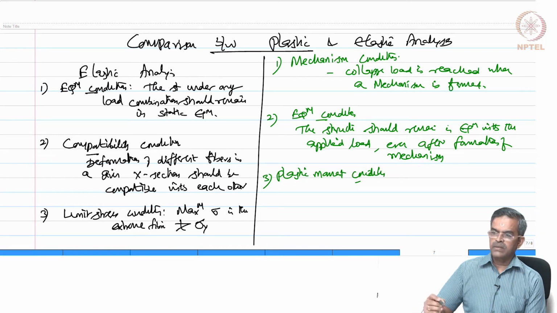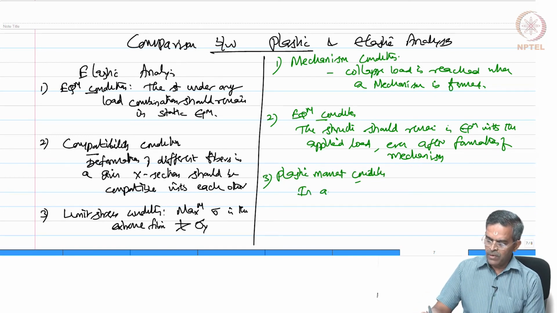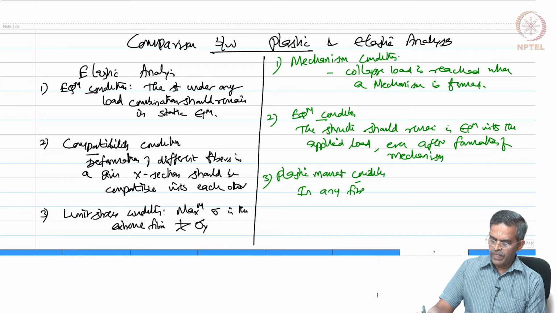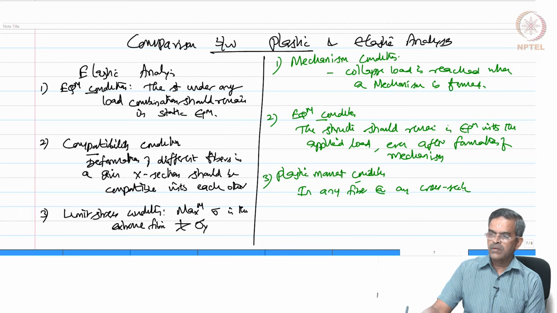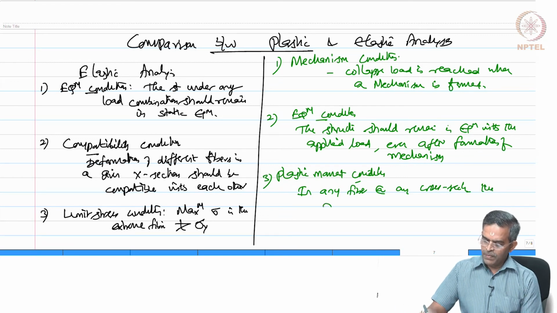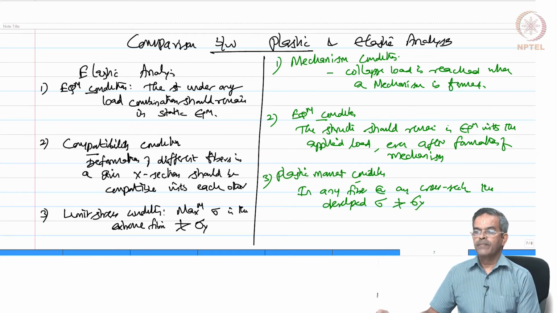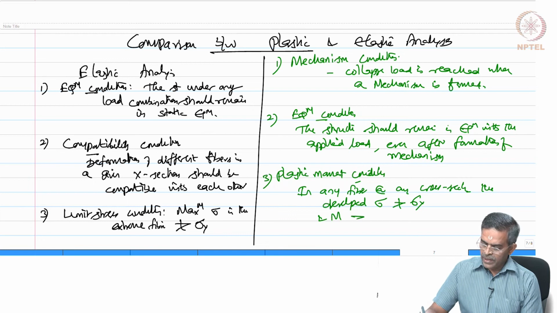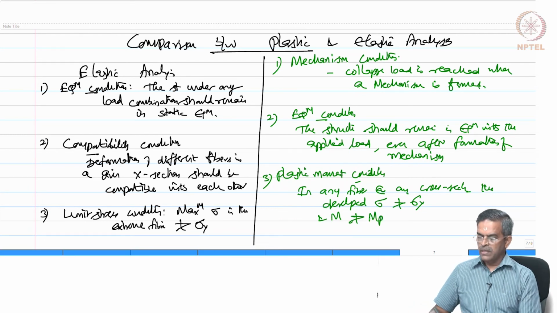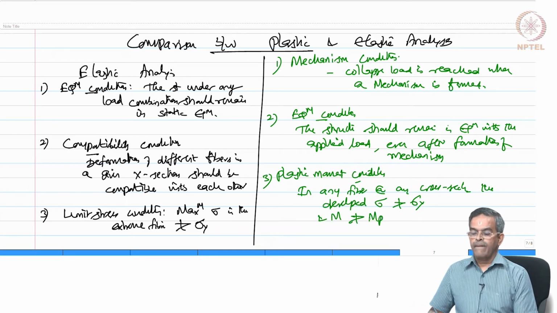According to this condition, in any fiber at any cross section, the developed stress should not exceed sigma y and the moment cannot exceed Mp. Okay. So, quick comparison between these two methods of analysis.